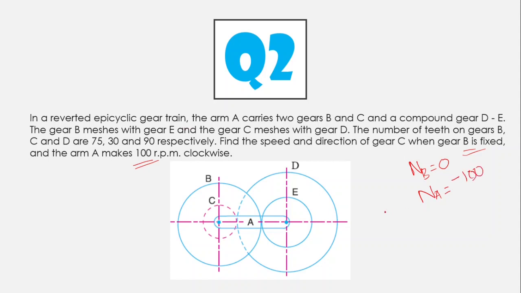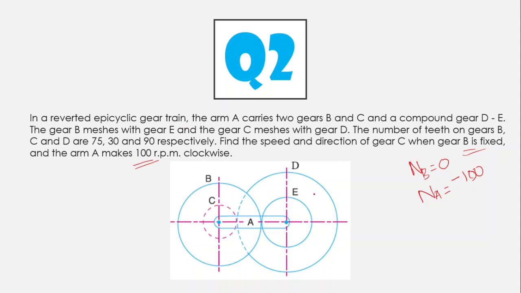Okay, in this question, B is directly meshed with gear E and D is directly meshed with gear C, and gears E and D are mounted on the same shaft.